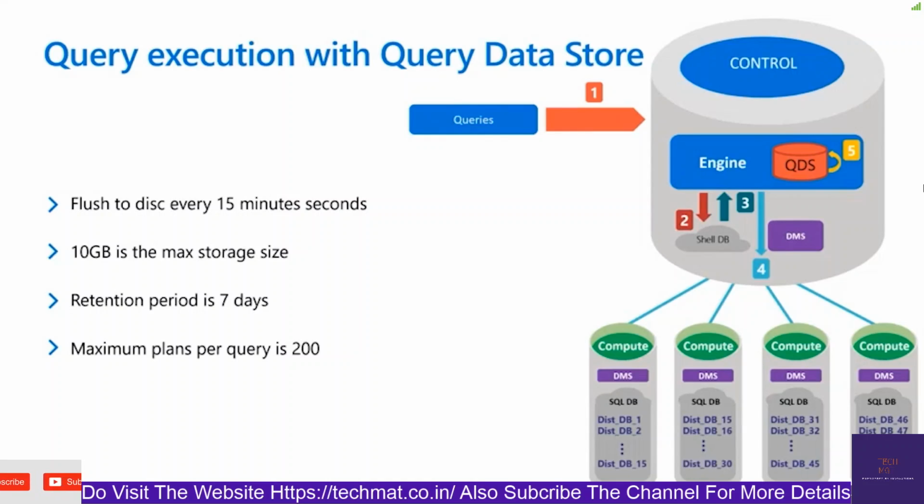Then this query data store is flushed to the disk every 15 seconds, and you may have up to 10 gigabytes of max storage size here. There is a retention period of 7 days for query data store, and you can have a maximum of 200 query execution plans per query in the query data store.